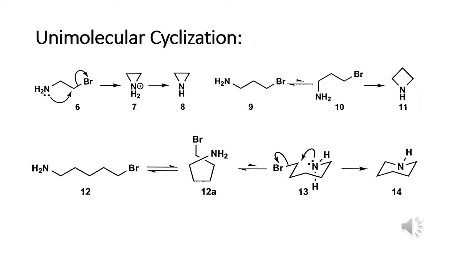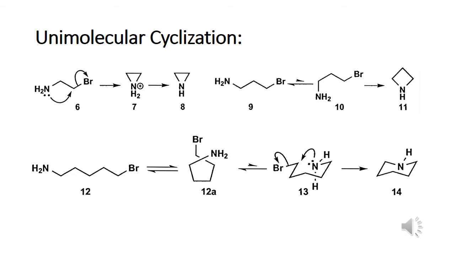Now, when we look at further examples of cyclization, we can include the cyclization of 1-bromo-2-aminoethane to give a three-membered heterocyclic ring. This reaction is favorable because the favored conformation is right for cyclization, and the nucleophilic nitrogen is closer to the electrophilic carbon.